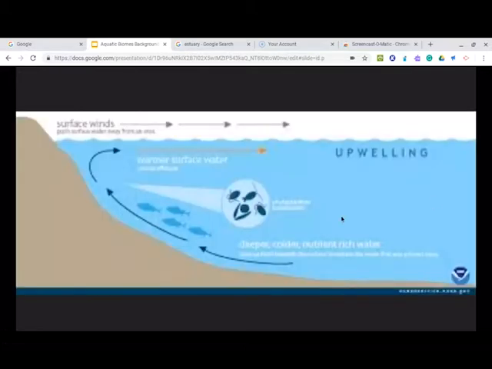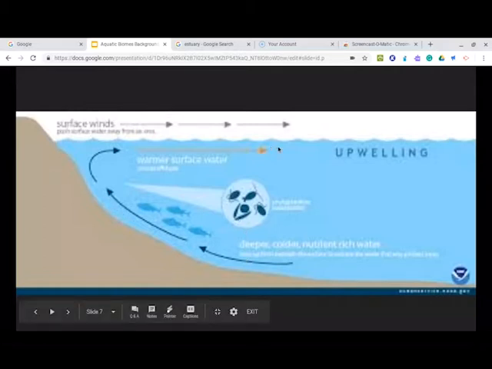When it comes to nutrients, this image of upwelling shows how important nutrients are for how many things are living in a certain area. You can see here the surface winds are pushing water away from the coastline.